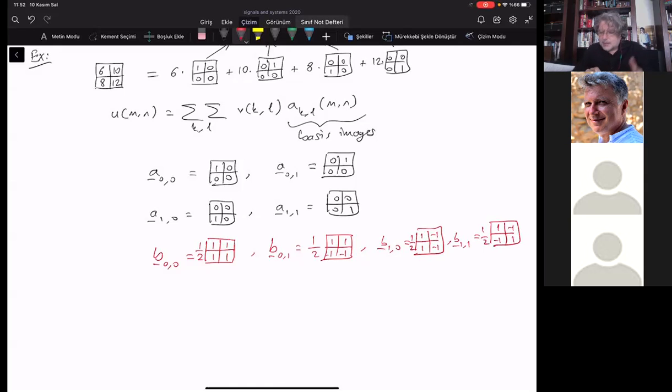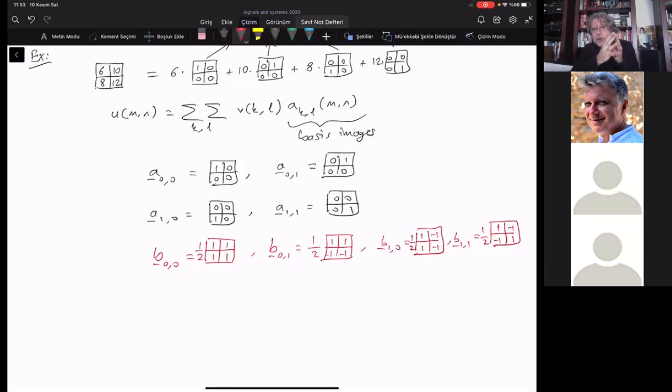I'm doing it because that 1/2 is essentially normalizing. If I take the inner product of B0,0 with B0,0, I have to get 1. So every value is 1/2, and there are 4 values. Every 1/2 I multiply with the other 1/2, which makes 1/4.